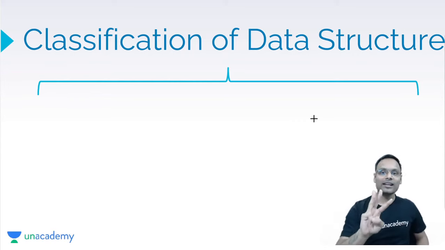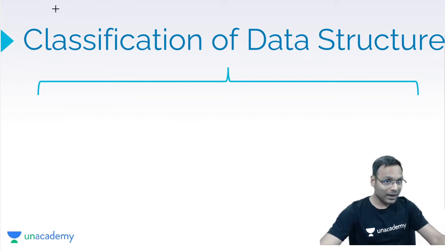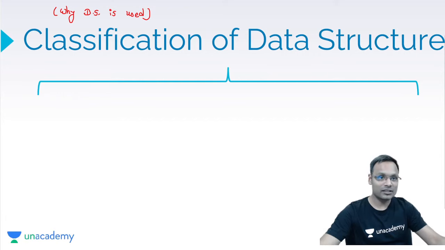So there are three classes of data structure based on why a data structure is to be used. I am writing here why a data structure is used. Based on that we have a classification of data structures. The first class we have is the container class.